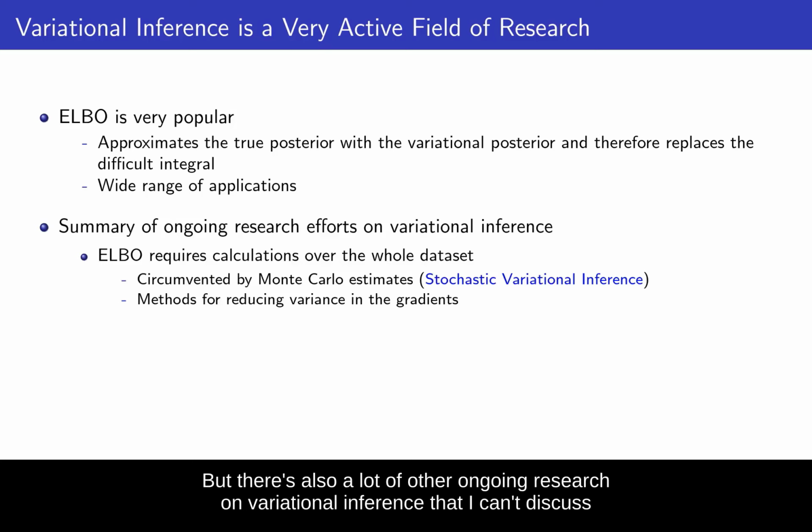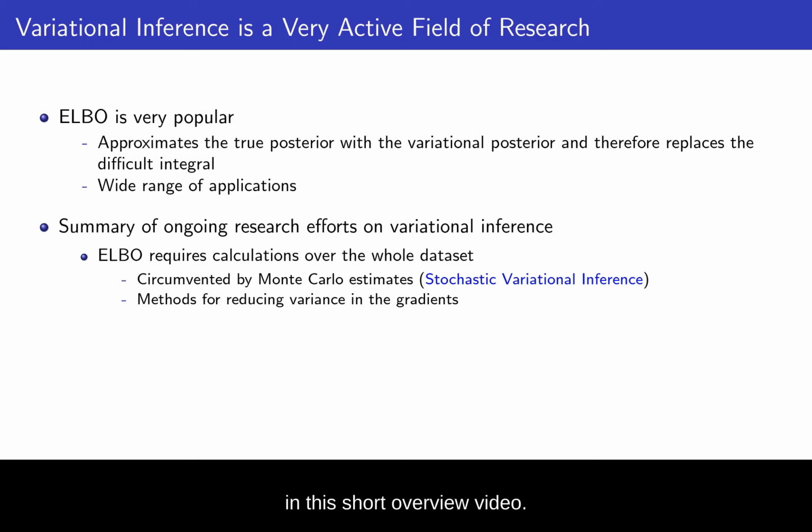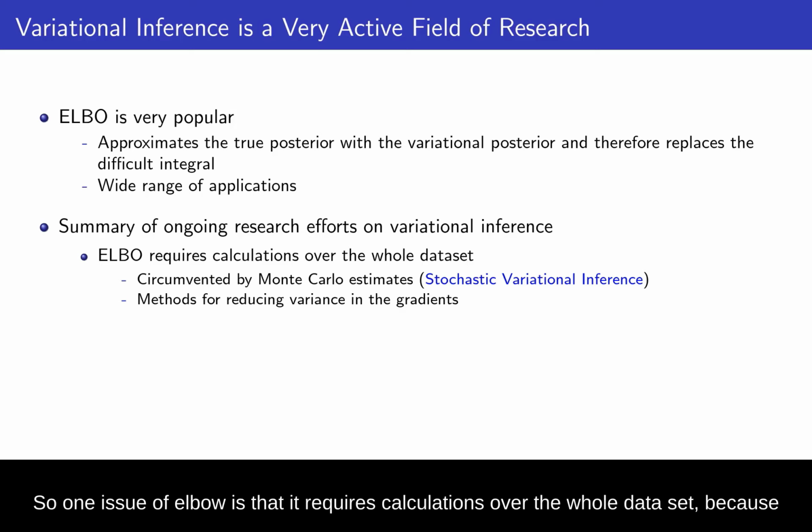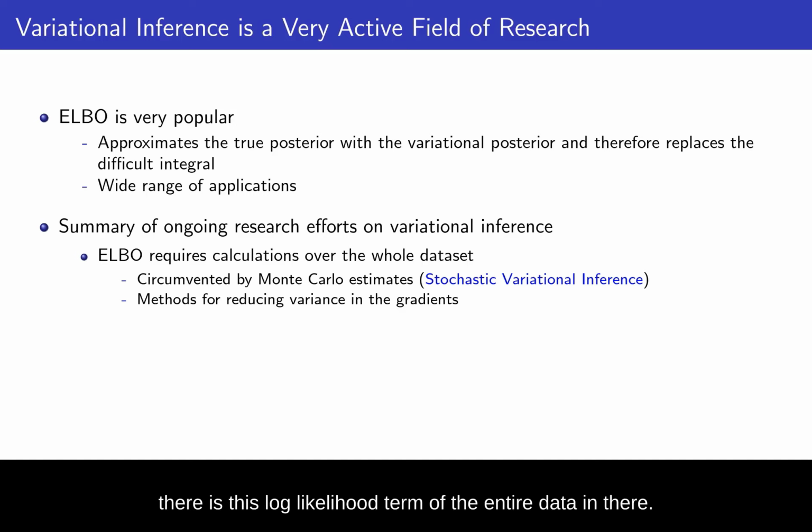But there's also a lot of other ongoing research on variational inference that I can't discuss in this short overview video. But let me give you a quick summary of two main directions. One issue of the ELBO is that it requires calculations over the whole data set, because there is this log likelihood term of the entire data in there.